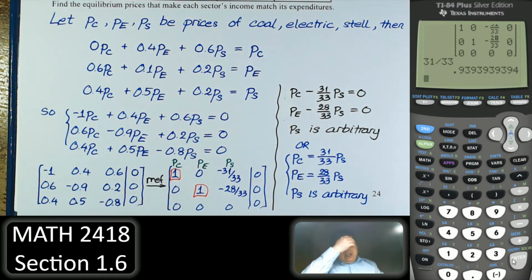So you might ask why don't we have a unique solution? Well, because we shouldn't have a unique solution.